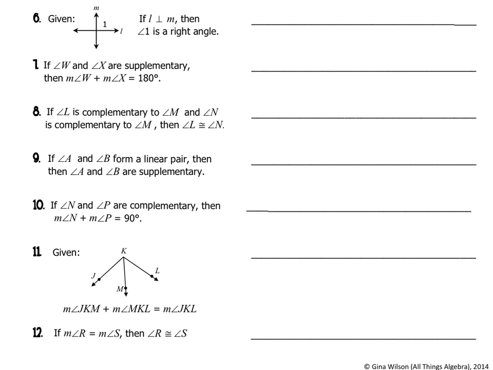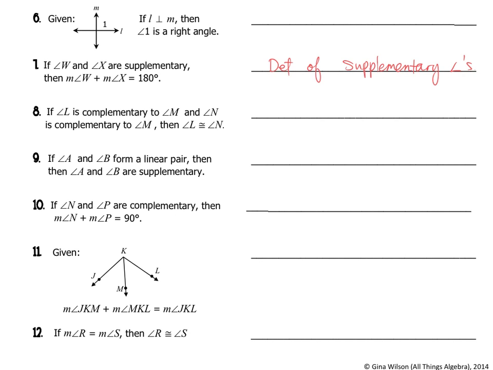Let's look at number 7. If angles W and X are supplementary, then they must add up to 180 degrees. And this is the definition of supplementary angles. Number 8.